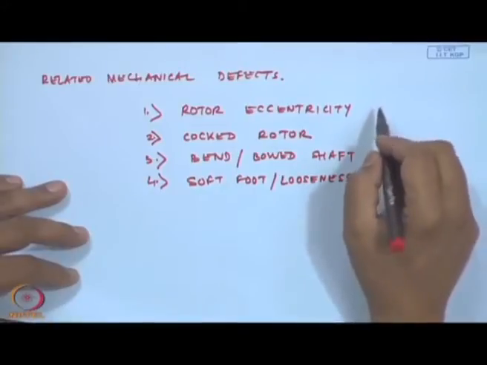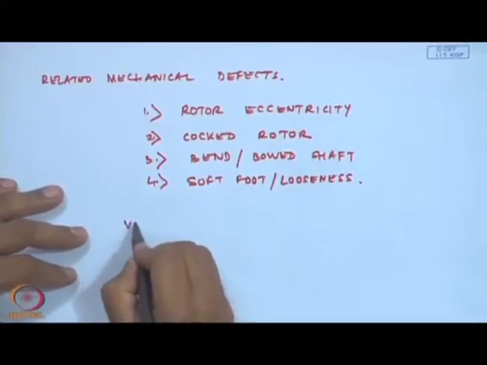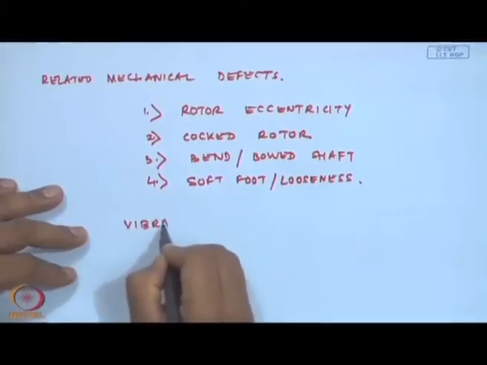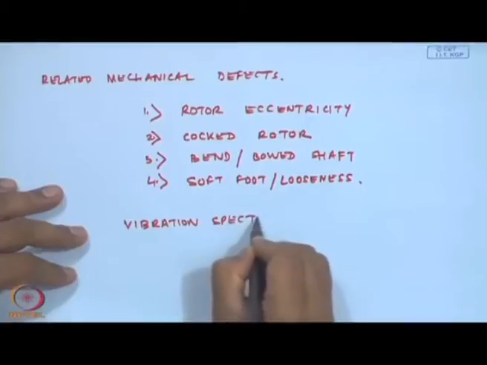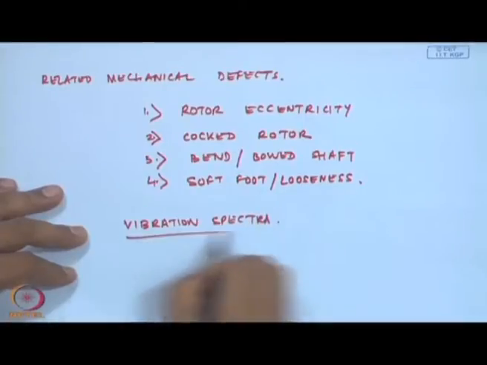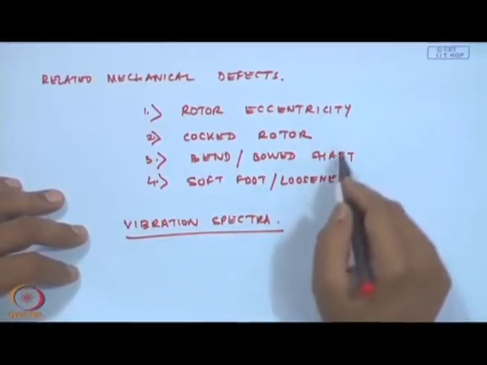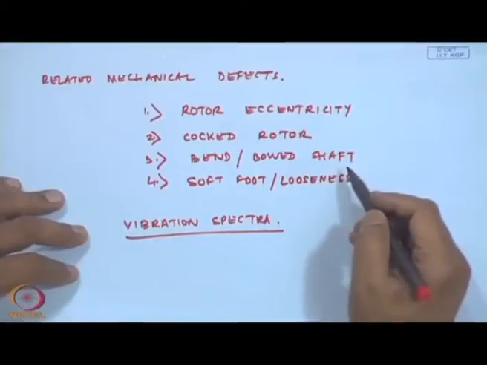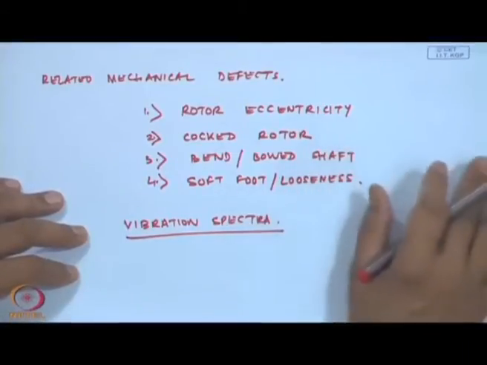But the reason I wanted to tell you is, once we look into the vibration spectra, the signatures of defects like rotor eccentricity, cocked rotor, and bent bore shaft are almost very similar at times.